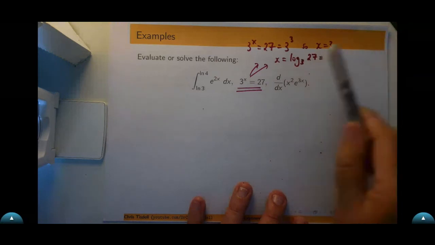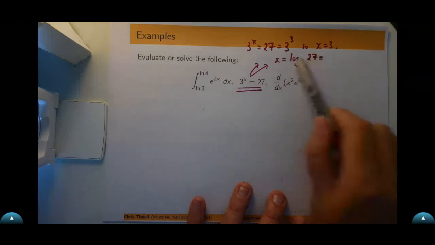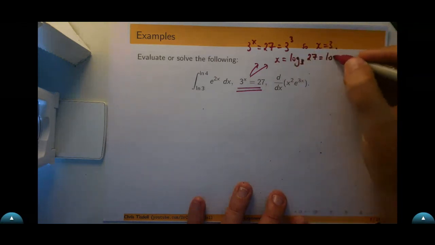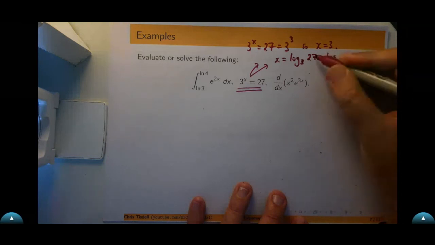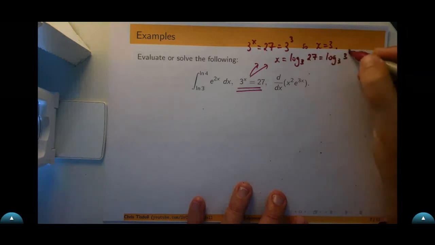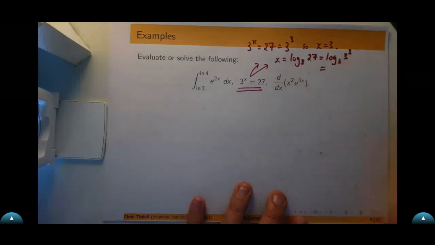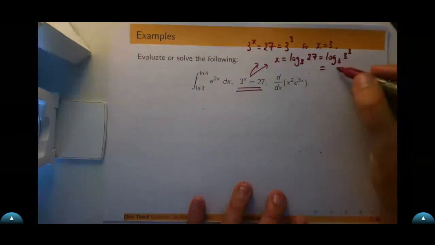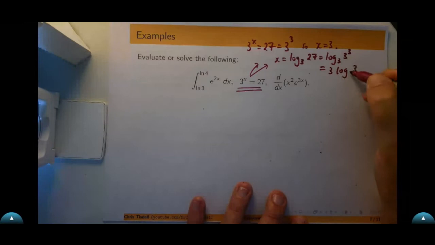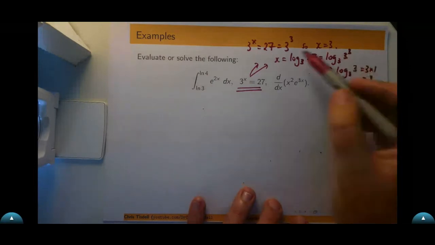And so what I can do now, if I really want to, I can just simplify my logarithm. So 27 is 3 to the power 3. Okay, so the 3 can come to the front using log laws. Log 3 to base 3 is just 1.